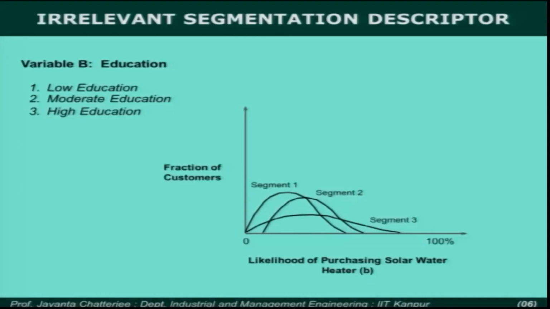So, for example, for the solar water heater or for a solar electricity system, segmenting customers by way of their education does not make any sense. So, that will be an irrelevant segmentation. Though age, education, the income level, the funds available, all these are different kinds of segmentation, not all apply to all cases, that is the key point.